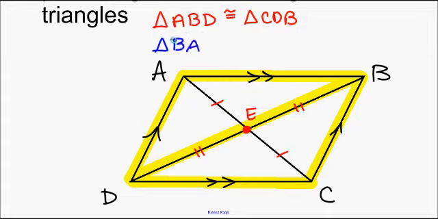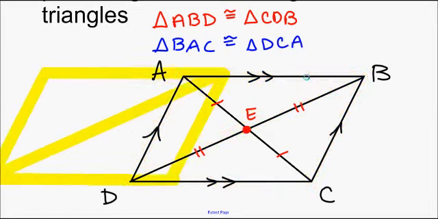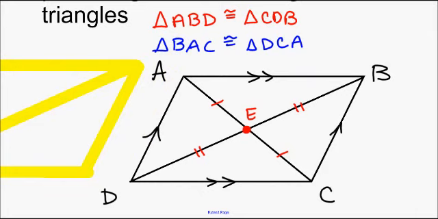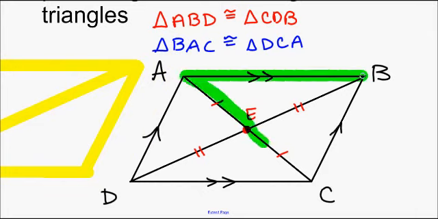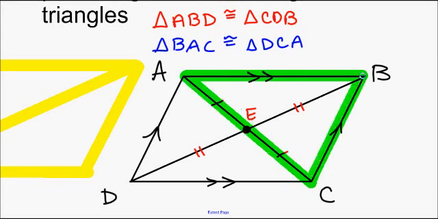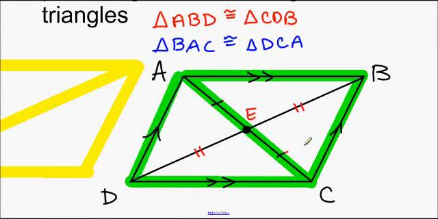So BAC is congruent to triangle DCA. Okay, so if I move this, we highlight again. So BAC is congruent to DCA. Okay, so those are also congruent triangles.